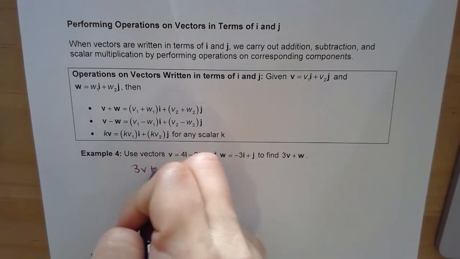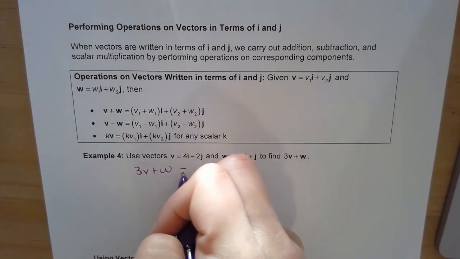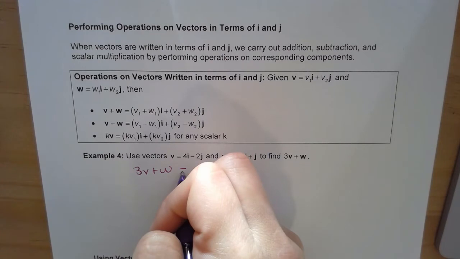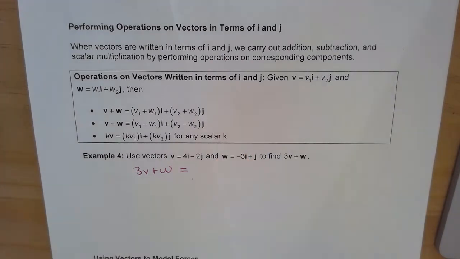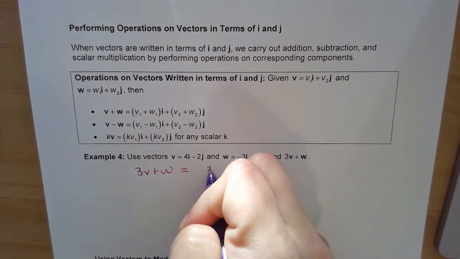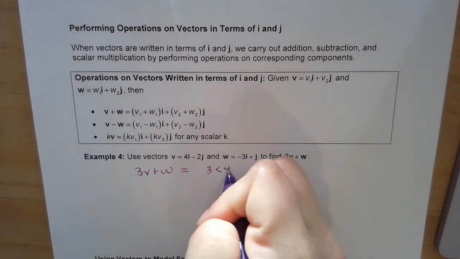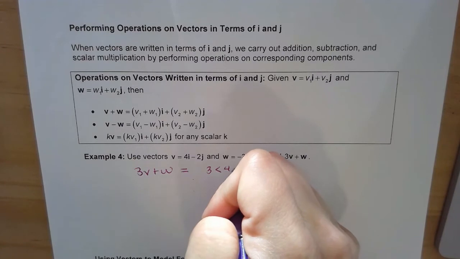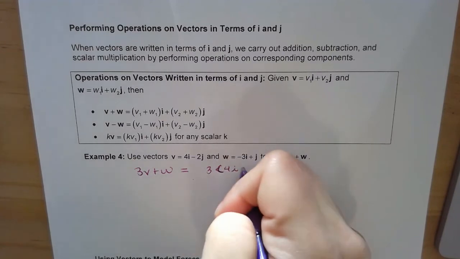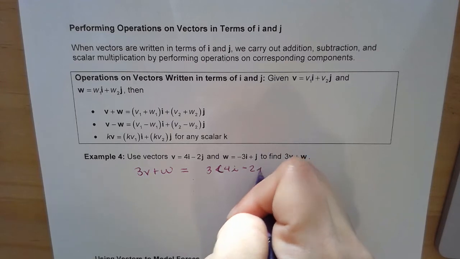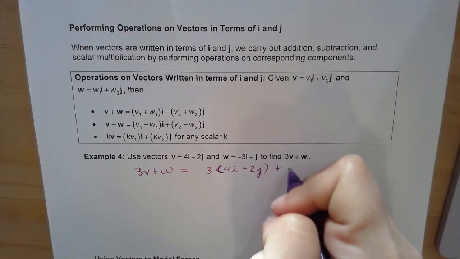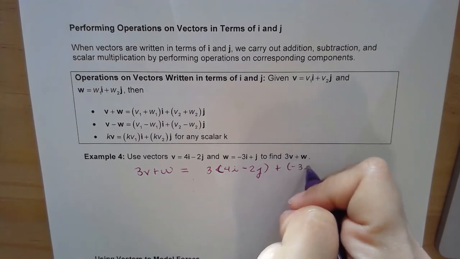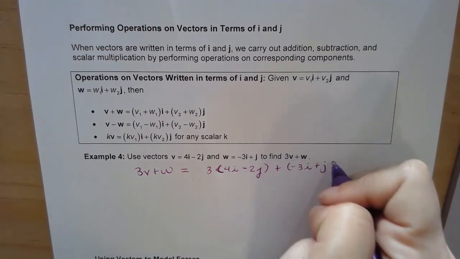So 3v plus w. The first thing I want to do is actually put these vectors out. As you can see, the vectors are already in terms of i and j. So remember that: if you have to do this again in the future, you might want to switch to i and j first and then combine them. So what we are doing is 3 times 4i minus 2j, plus negative 3i plus j.